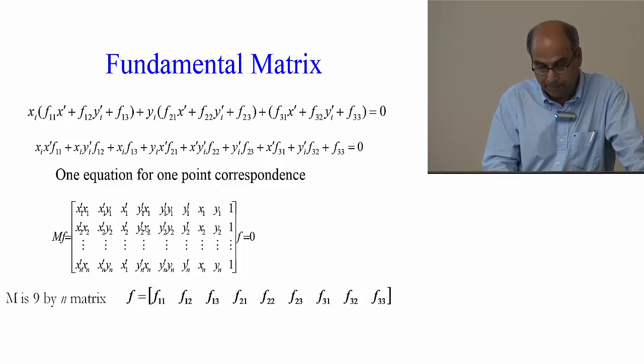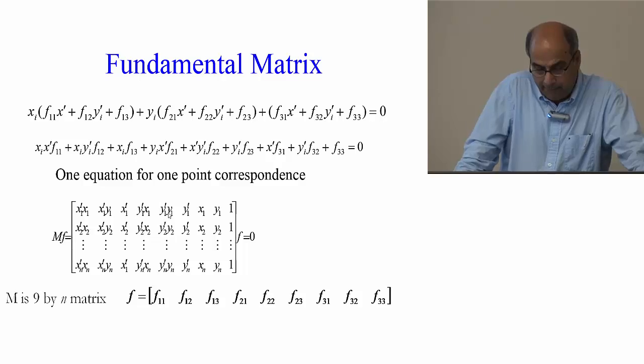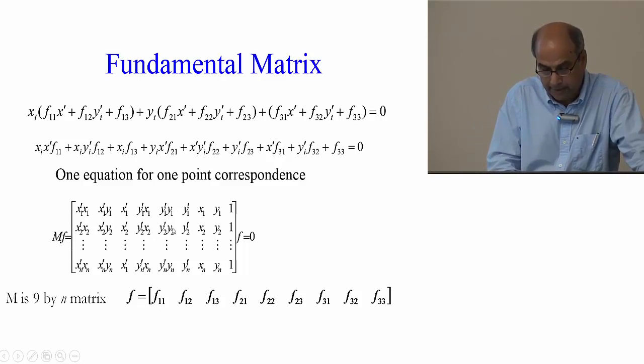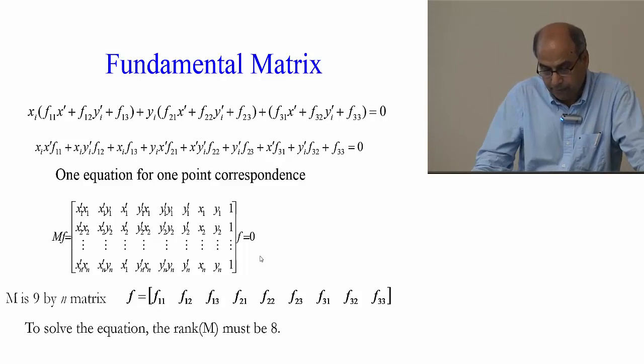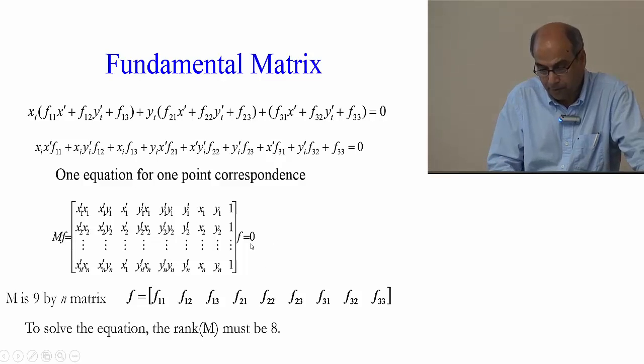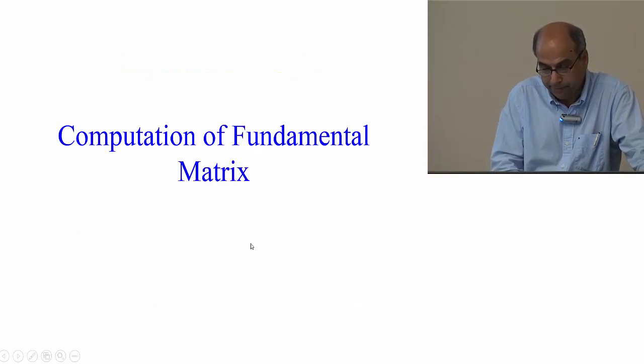So it is a linear system. M has 9 columns and n rows. So rank must be 8, because it is a homogeneous system, it has to be at least 1 less.